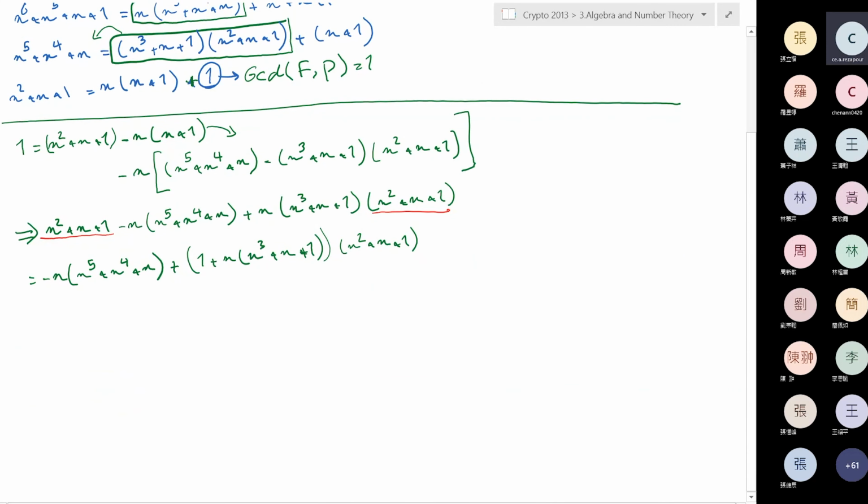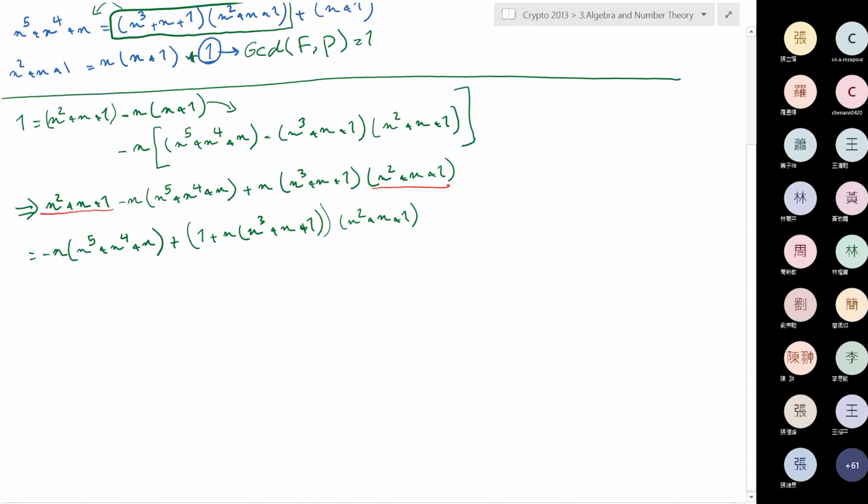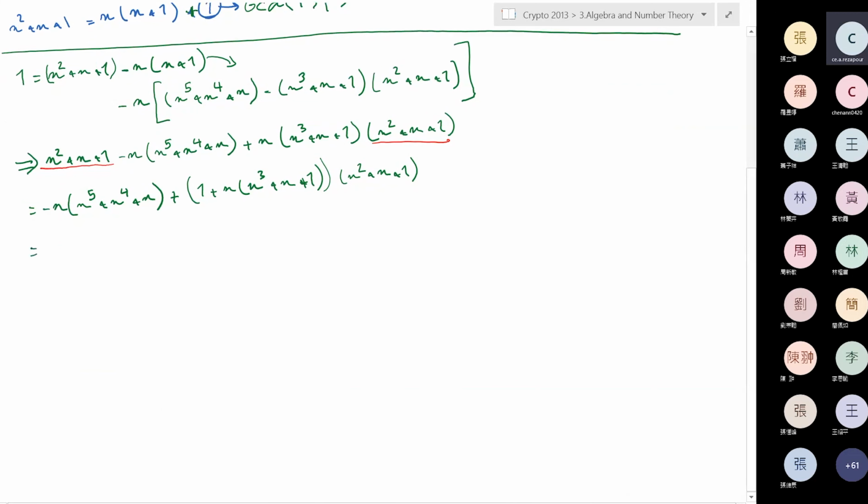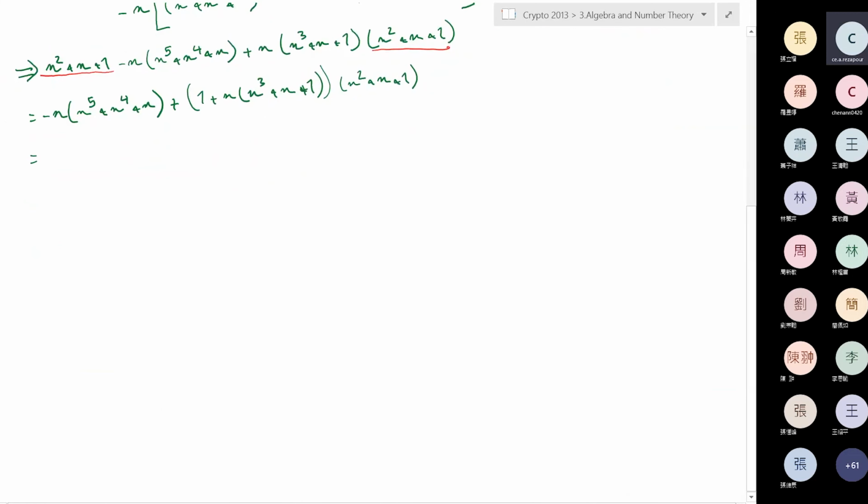So given that, I can say that this equation equals minus x, x5 plus x4 plus x, and then plus 1 times 1 plus x, x3 plus x plus 1.